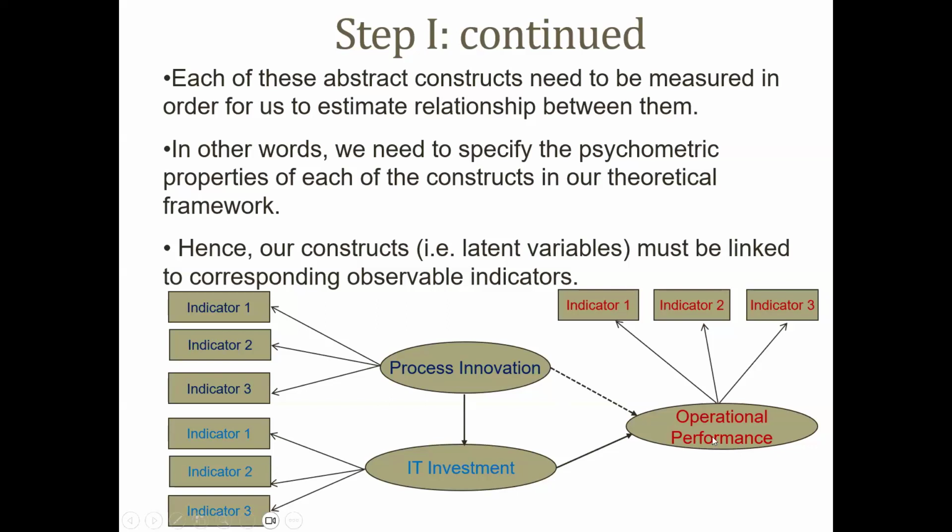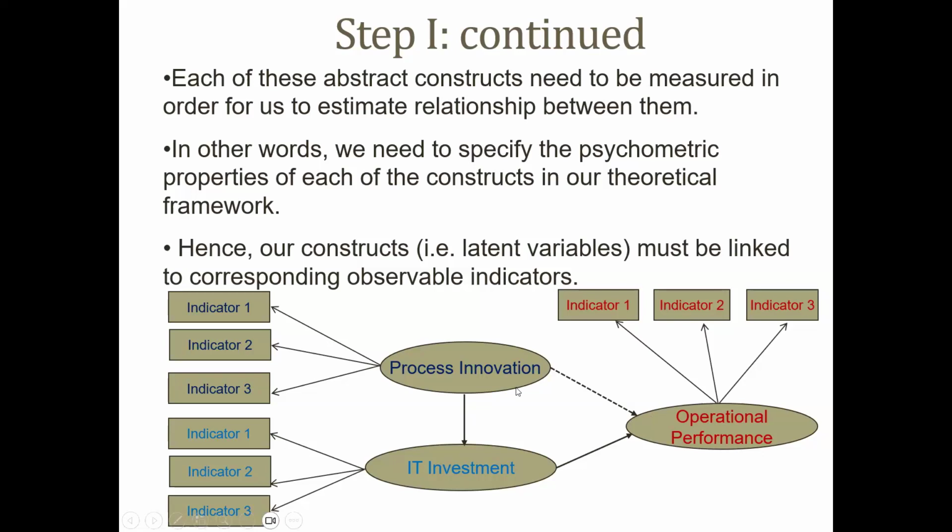We want to measure operational performance separately, measure process innovation separately, and measure IT investment separately. And now let us use statistics to tell whether these independently measured notions are related in real life based on the responses alone.